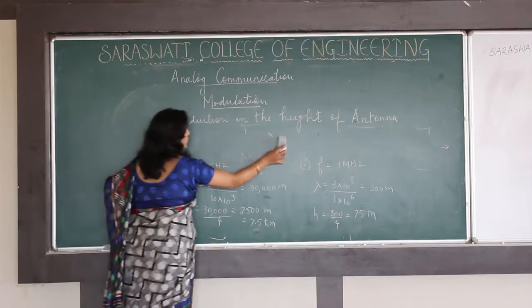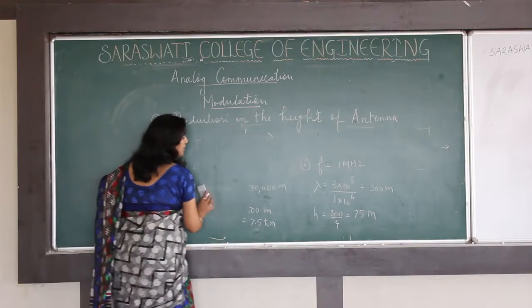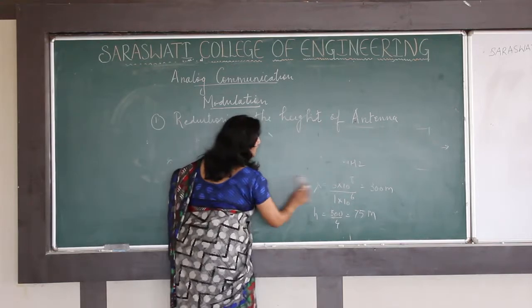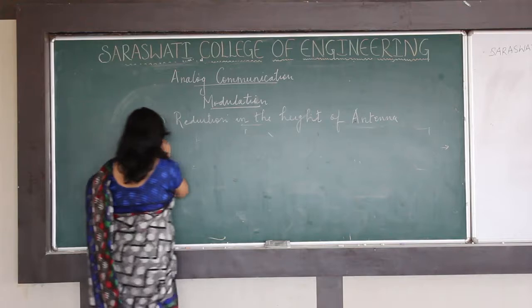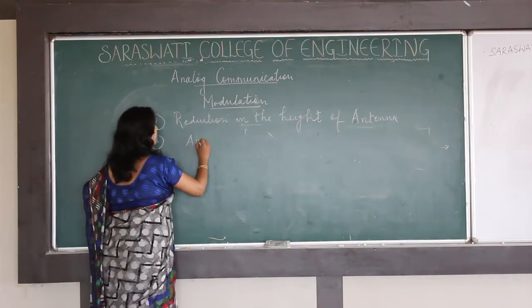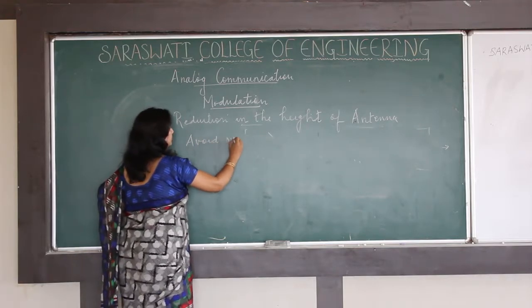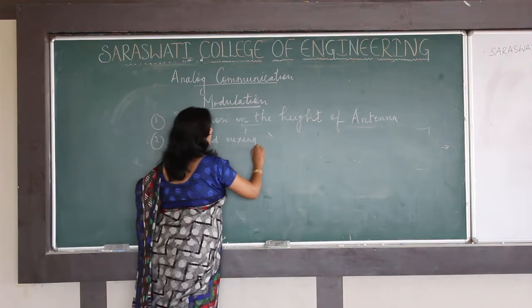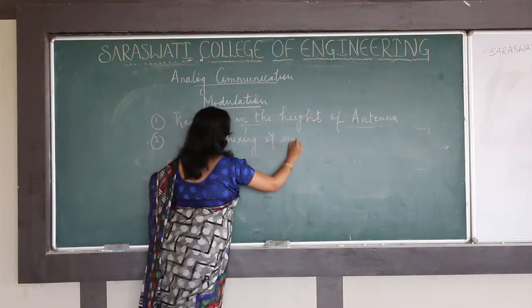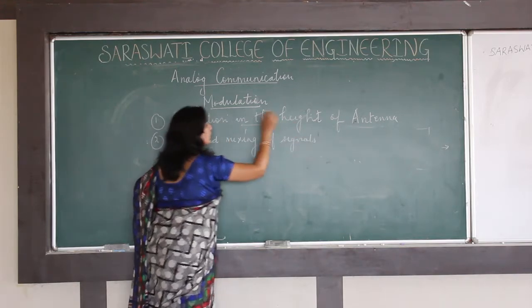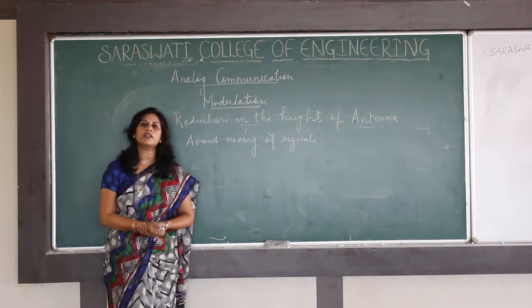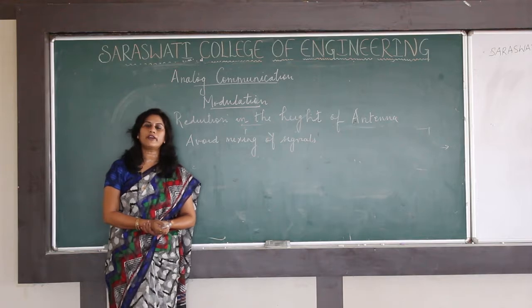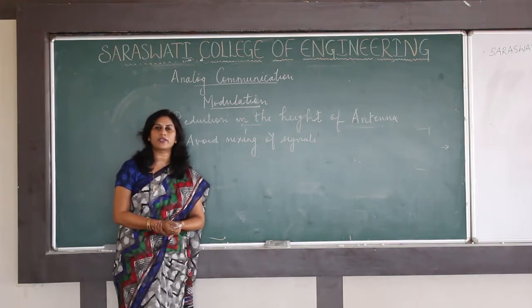Let's concentrate on the second point. The second point is that we do modulation in order to avoid mixing of signals. We know we are transmitting audio signals, and the audio signals are concentrated in the audio range from 20 hertz to 20 kilohertz.